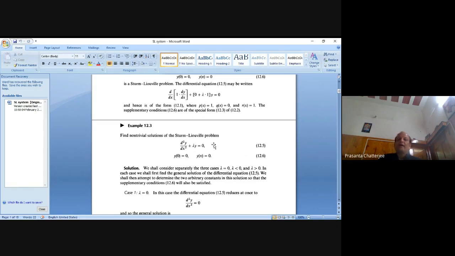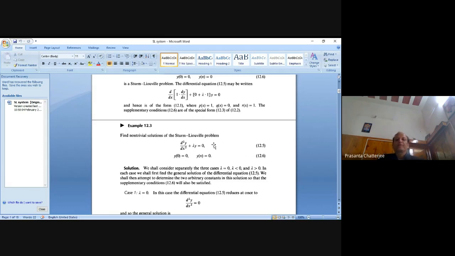So y equal to 0 is the trivial solution of 12.5. But generally in differential equations, we are searching for non-trivial solutions for any homogeneous ordinary differential equation. Trivial solution is 0. So our job is not to stick to the trivial solution, but to find a non-trivial solution.